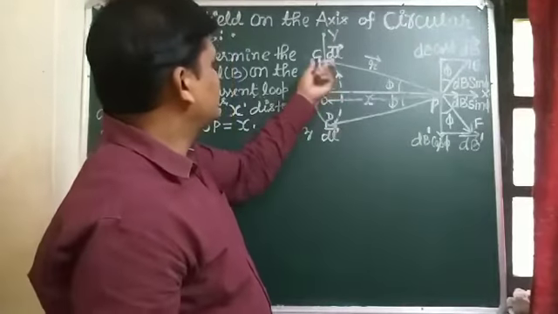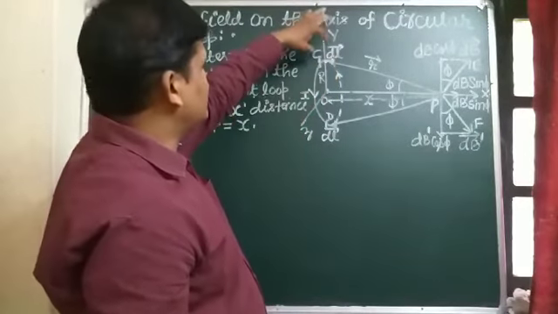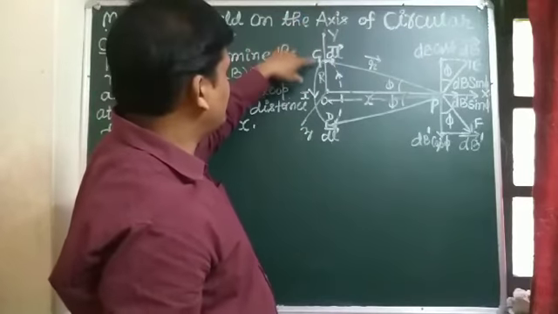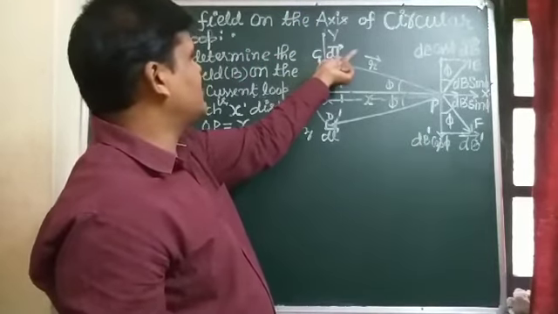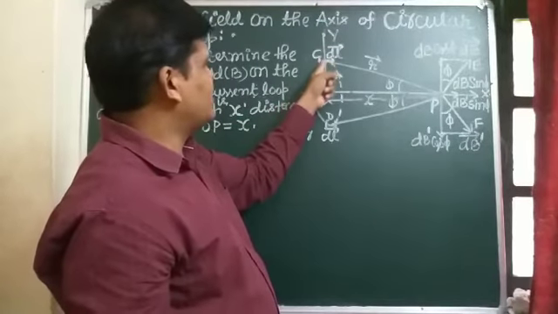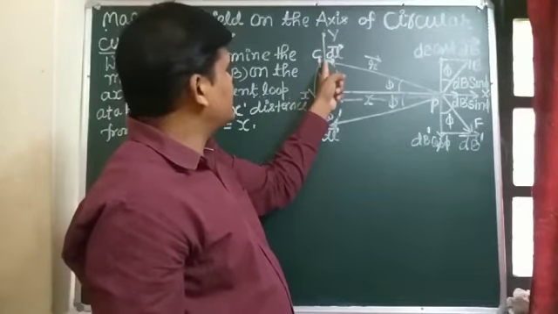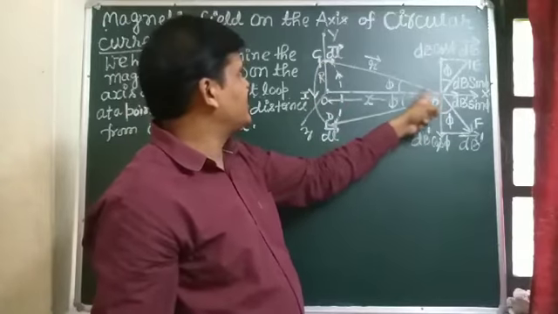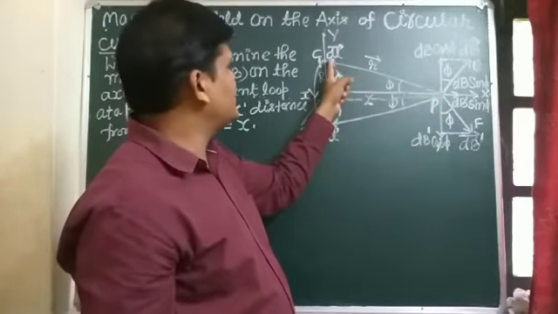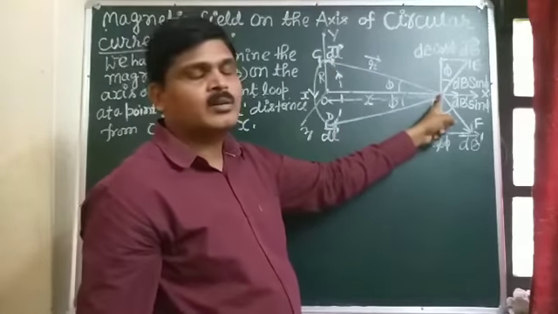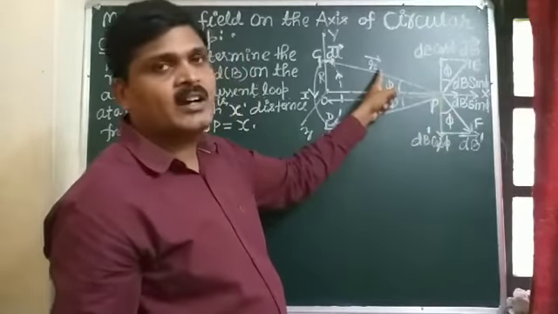At the top point C, we have taken a current element dl vector, and its distance from the point P, the distance CP, is vector r.